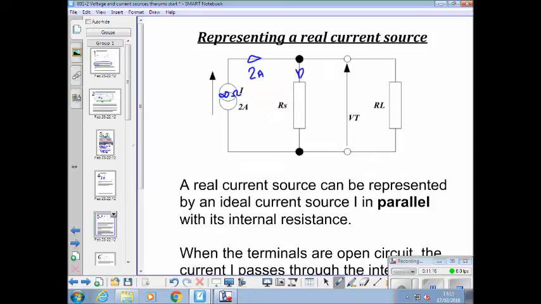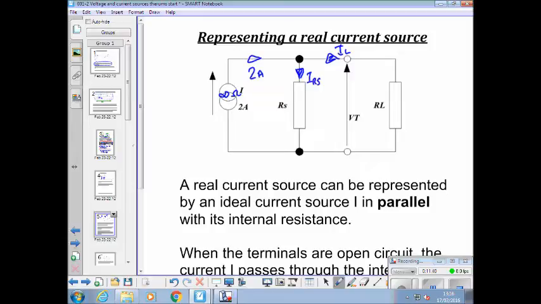So there's nothing lost inside there, but we lose a little bit of current down there. The rest of it goes through the load.